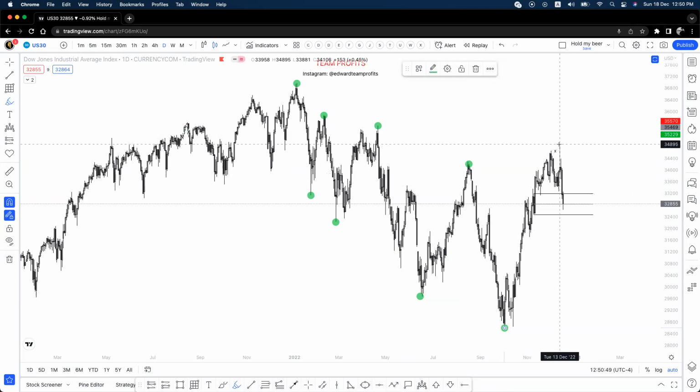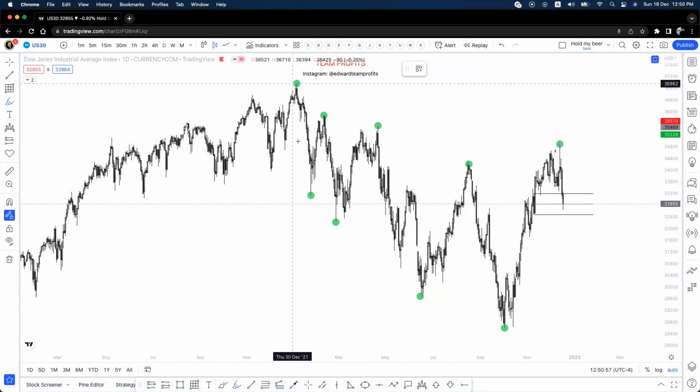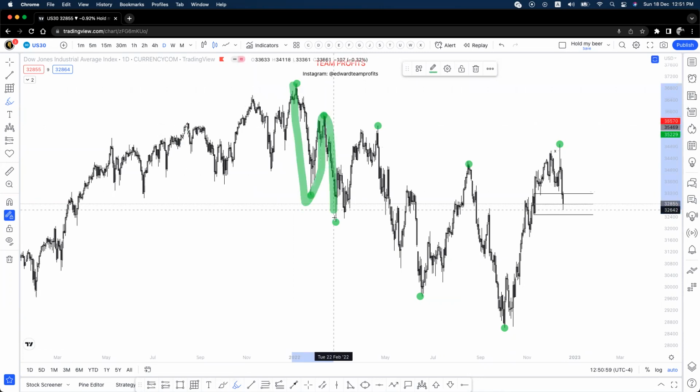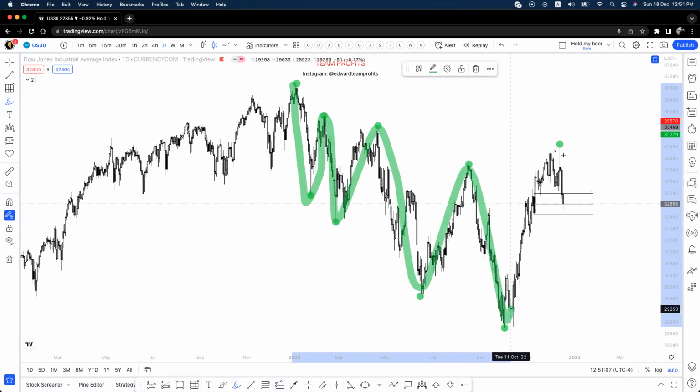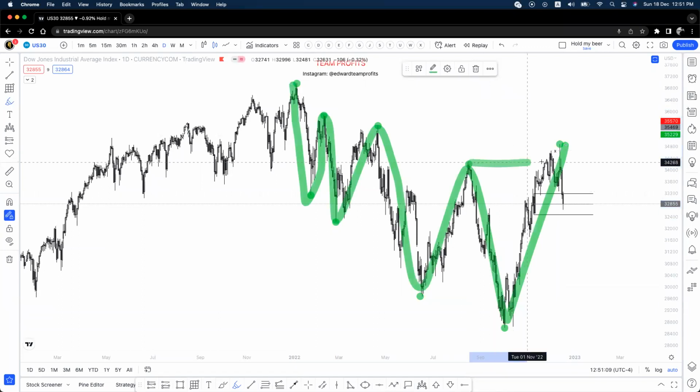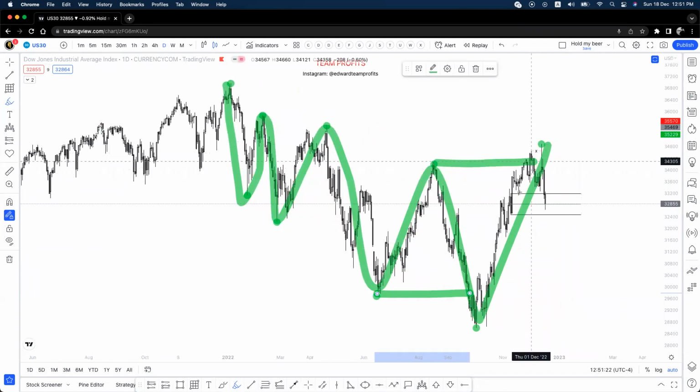And now this right here is the one: push, pull back, push, pull back, another push right here. And now we have that break right here. Last break of structure was right here, change of character in this area. So technically, it looks like US 30 is changing, it wants to go up so badly, it's changing the direction.